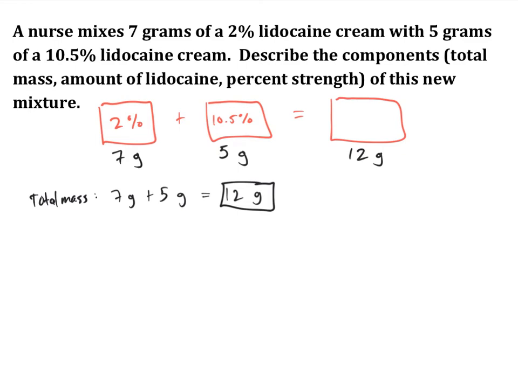So I want to find 2% of 7 grams, and I want to find 10.5% of 5 grams, because that's the percentage in this case that is lidocaine. If I take 2% of 7 grams, or 0.02 times 7, I'll get 0.14.